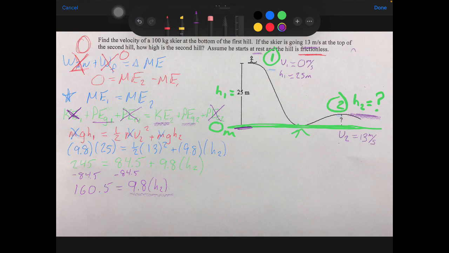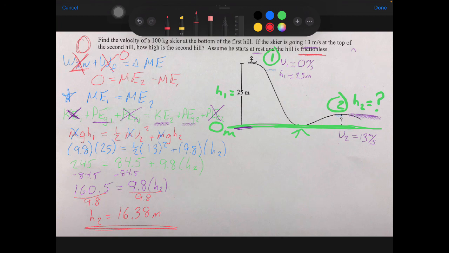Now we want to get H2 by itself. In order to do that, we divide both sides by 9.8. So we take 160.5 divided by 9.8, and the height of that second hill is 16.38 meters for your final height.